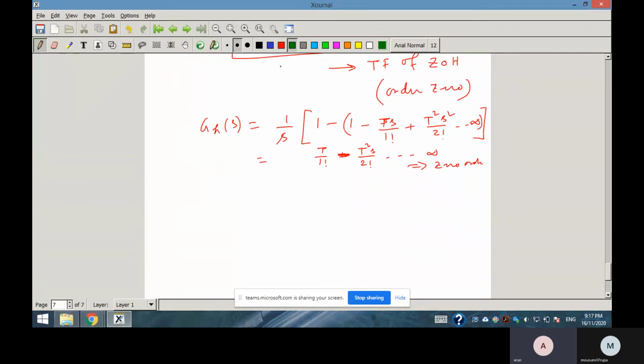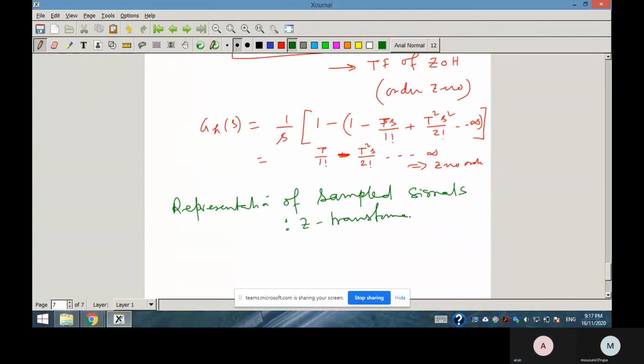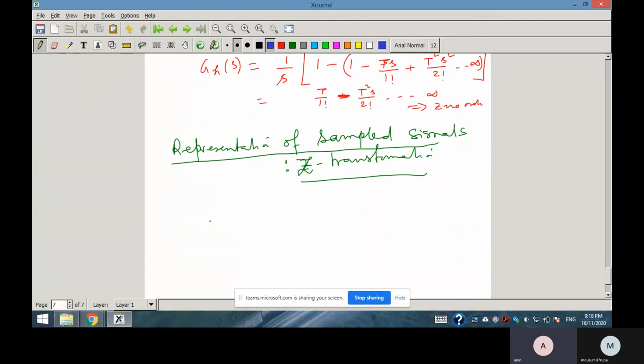So representation of sampled signals is Z transformation. I do not know whether you have studied it in transform calculus or not. Anyway, whatever things are needed I will be discussing.